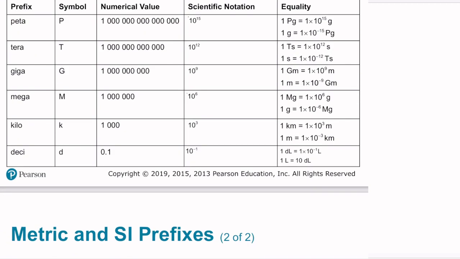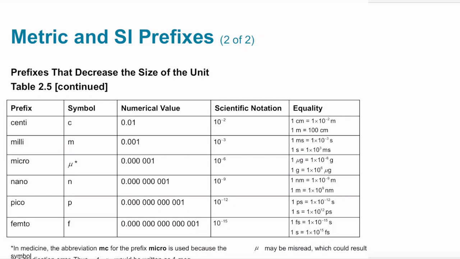For example, let's say 1 gram is 1 times 10 to the 6 micrograms, or 1 microgram is 1 times 10 to the minus 6 grams. We can use these equalities as conversion factors. So let's think of it like this.